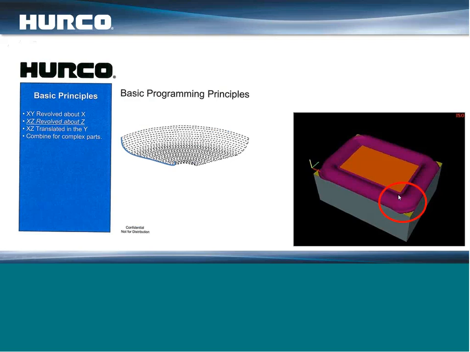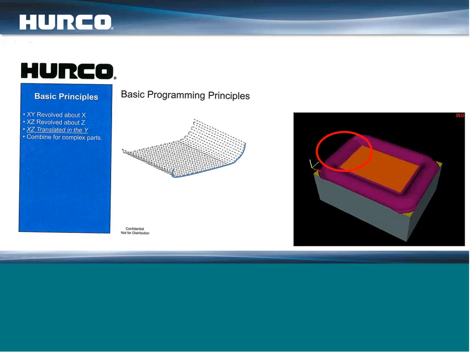One of the other options we have is revolved about Z. You can see we defined the same contour, and this time here we told it to revolve around the Z-axis. If you look at the part we have pictured here, this corner, that would be a revolve about Z. You would just program this arc here and then tell it you want to revolve around this point around the Z-axis.